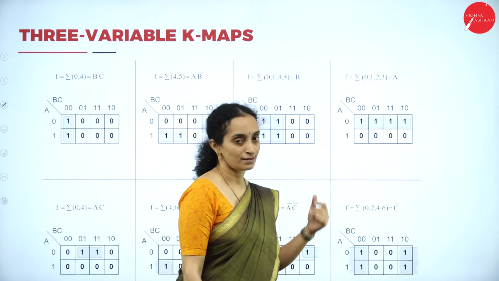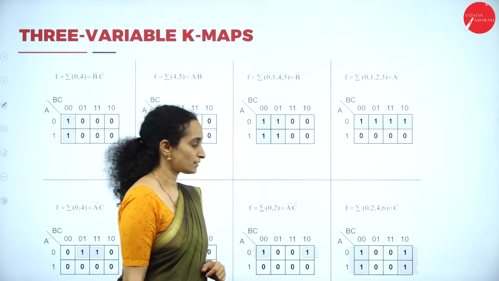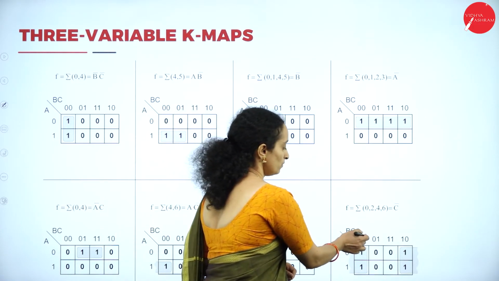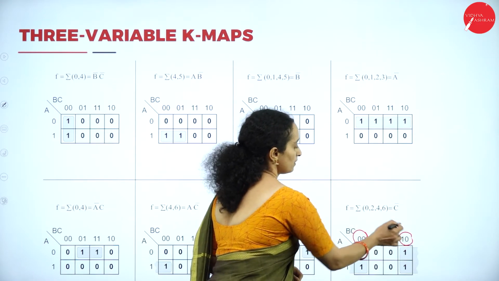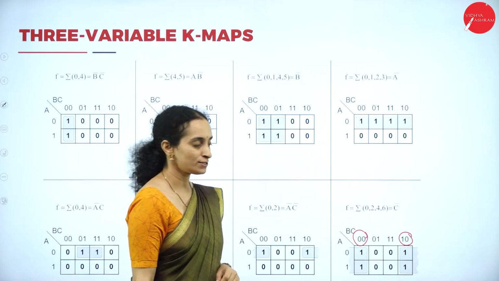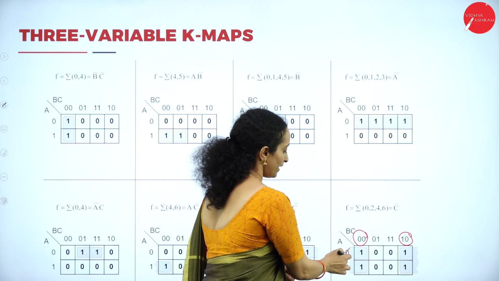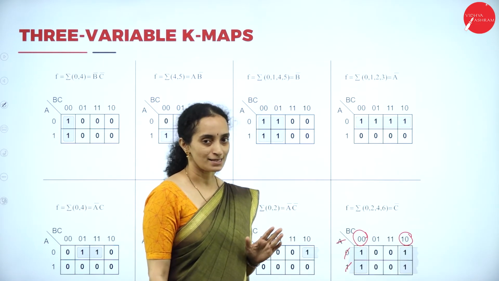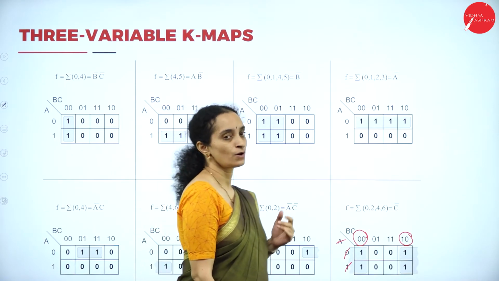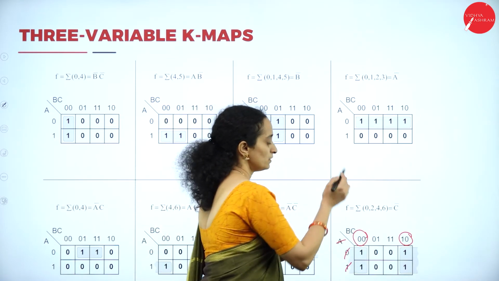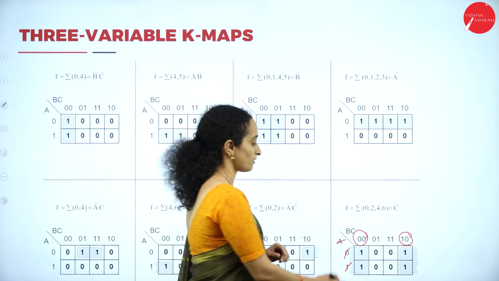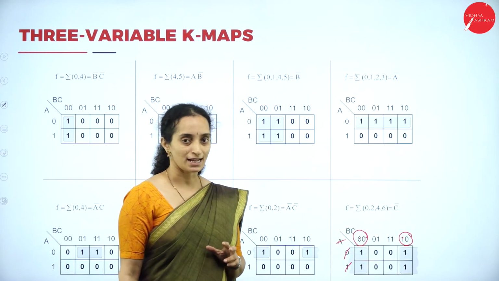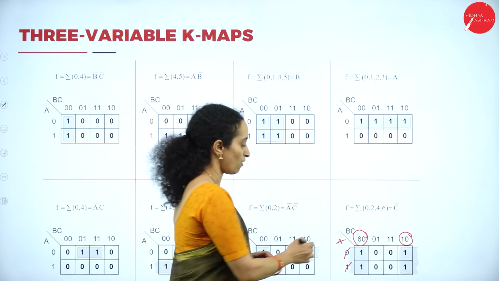When you look at the last example, what does the last example have? 4 ones. Now, we have to check with these values. 0 and 1 are cancelled. That means A is not there. A is over. Now, B and C, let's check with B. B has complement and non-complement form.